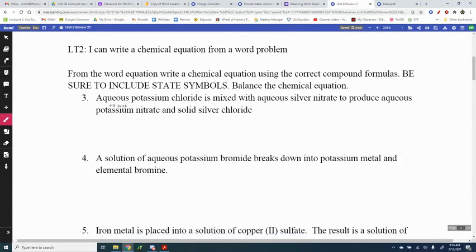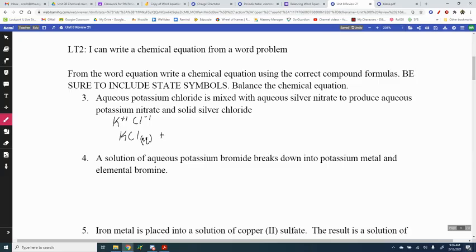All right. Next, we are going to make some word equations. Aqueous potassium chloride is mixed with aqueous silver nitrate to produce aqueous potassium nitrate and solid silver chloride. Potassium is K, which has a +1. Chloride is Cl, which has a -1. Put together, that's KCl, and it is aqueous.